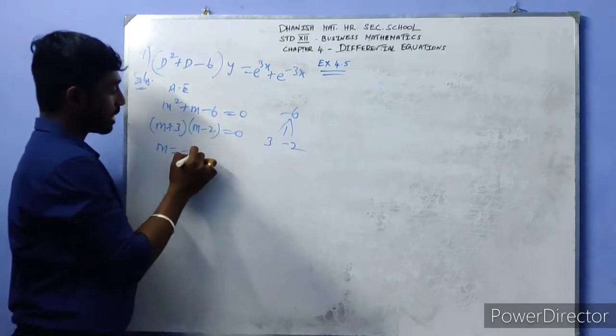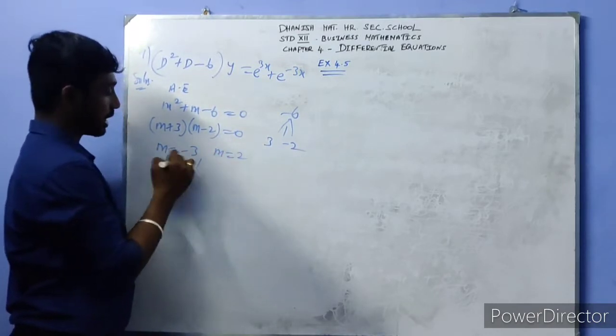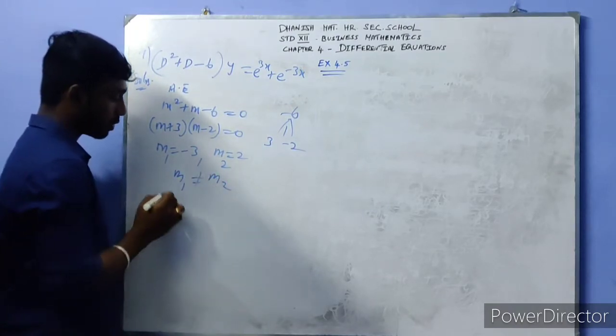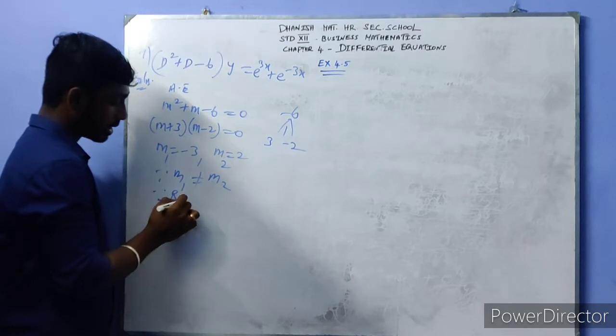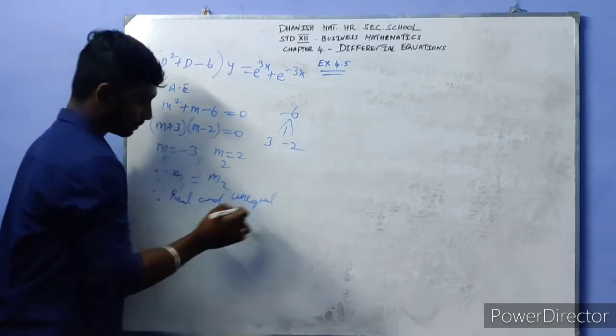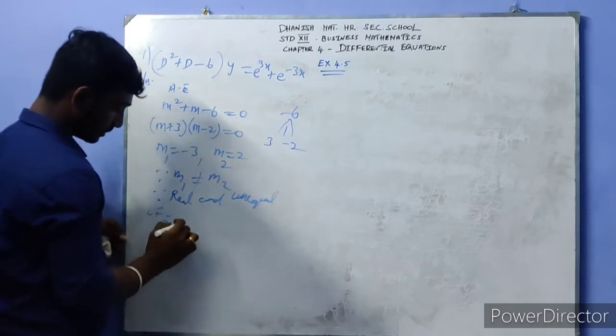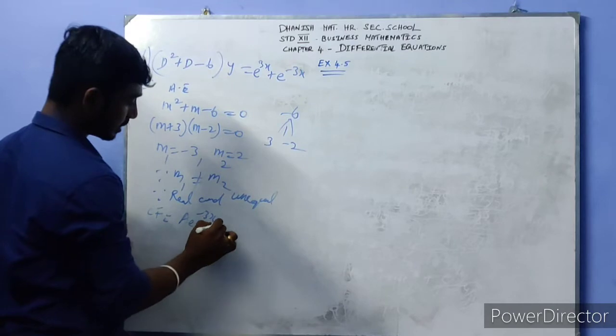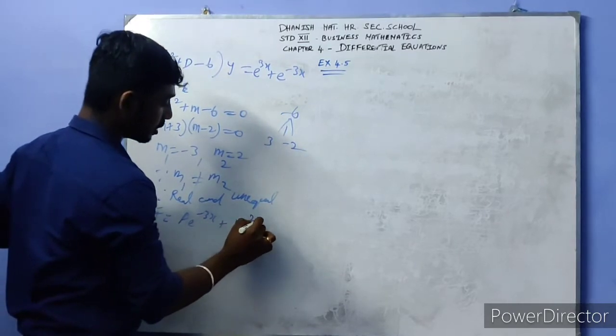That will be m is equal to minus 3, m is equal to plus 2 here. m1 and m2 values are not equal. Therefore real and unequal. Find out the CF, that is a e power of minus 3x plus b e power of 2x here.